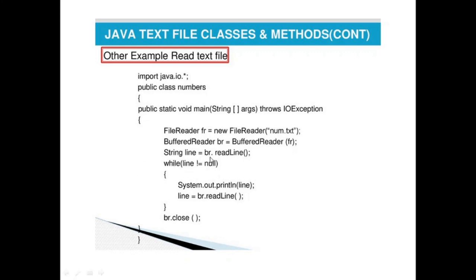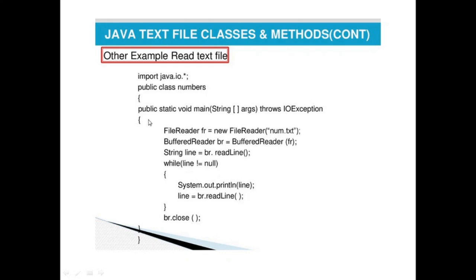I told you that the readLine method returns the whole string comprising the line, and it will move to the next line until it becomes null. So what we have to do is String line is equal to br.readLine, and this will read the first line.